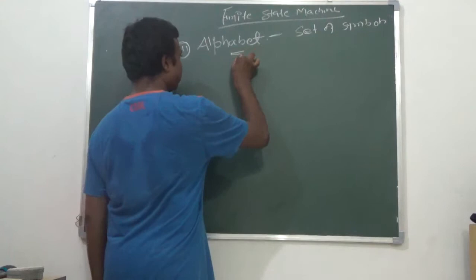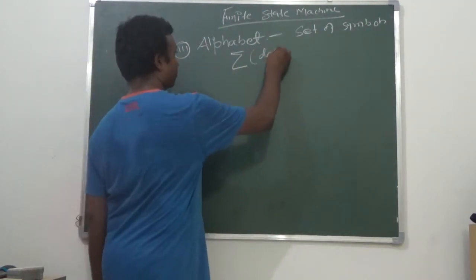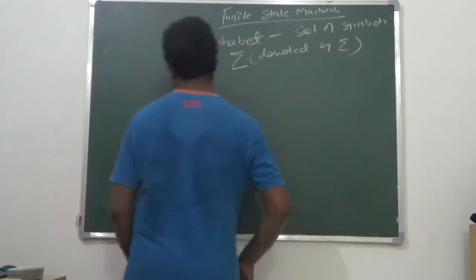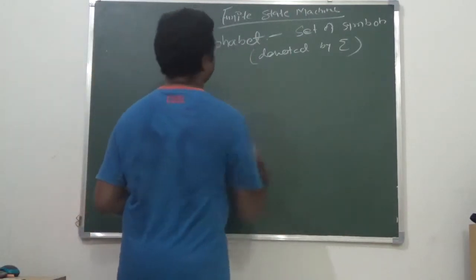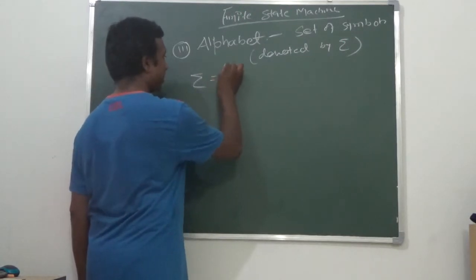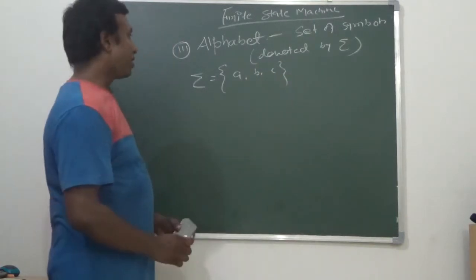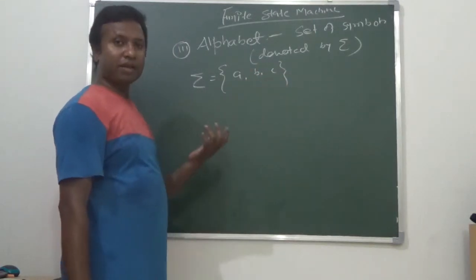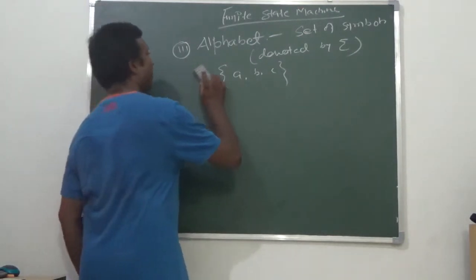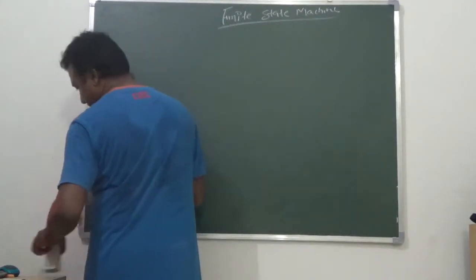Normally the alphabet is denoted by sigma. Let us say we have the alphabet sigma equal to {A, B, C}. We have taken three symbols A, B and C, made a set, and that set is an alphabet. So this information is required to discuss the finite state machine.